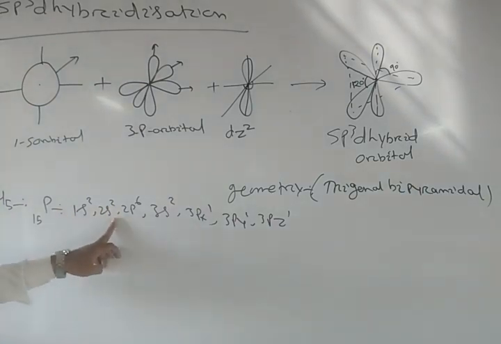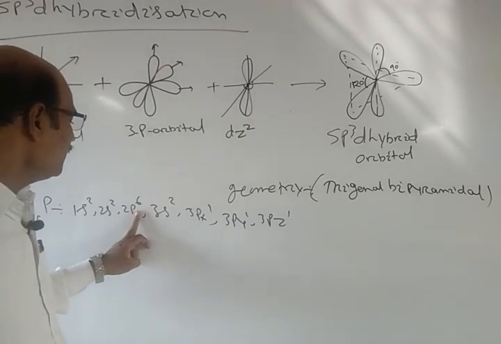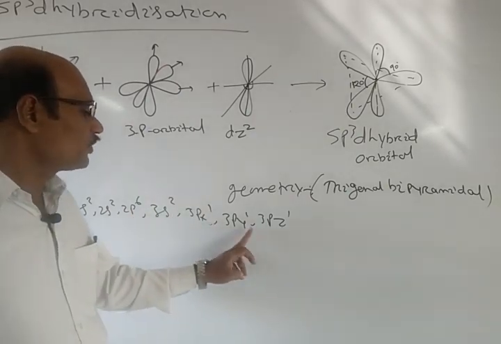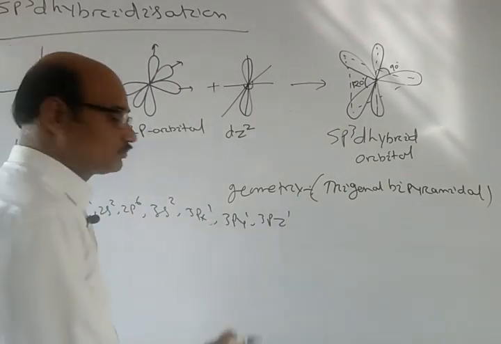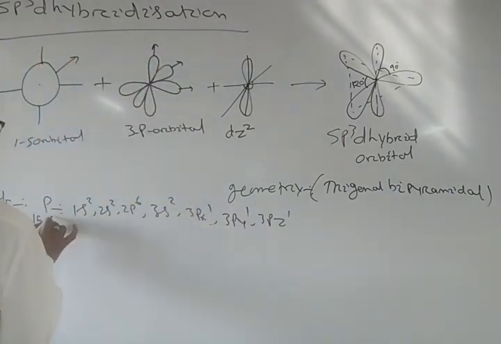So 2, 4, 6, 8, 10, 12, 13, 14, 15. So 15 electrons are there in the ground state of phosphorus.